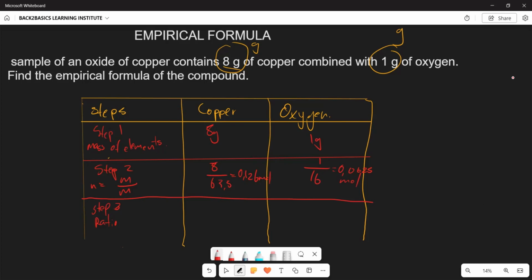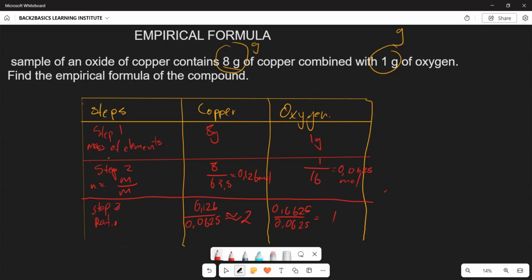So we start here: 0,126 divided by 0,0625. What are you going to have? Approximately 2. And here, 0,0625 divided again by 0,0625, the ratio is going to be 1.